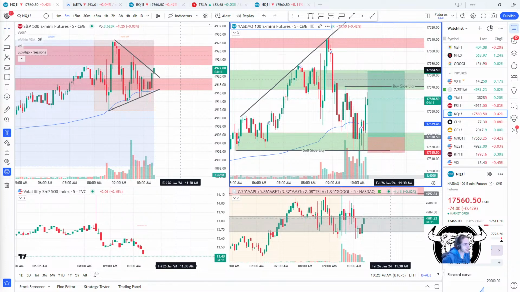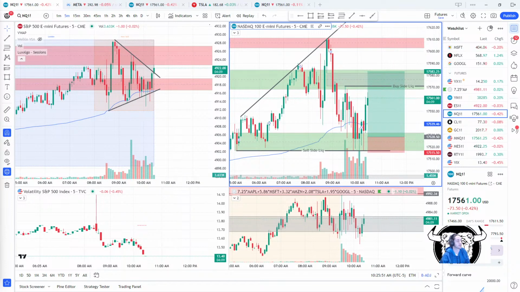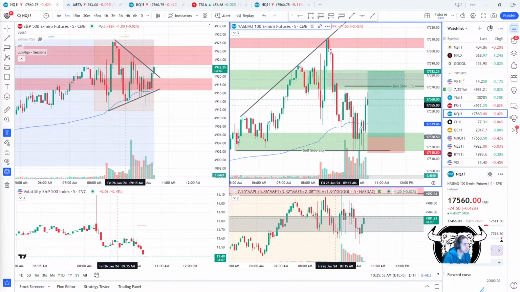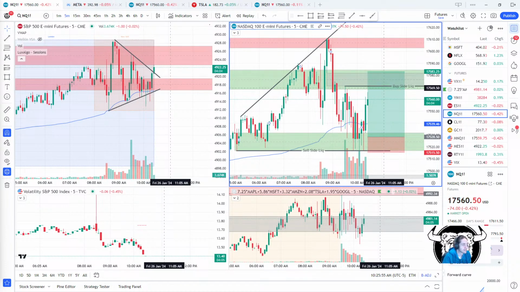Or maybe at 571 first target, 577 second target. Or maybe I'll just get all out at the second target if the market's strong enough. Keep going, baby. That's wild.